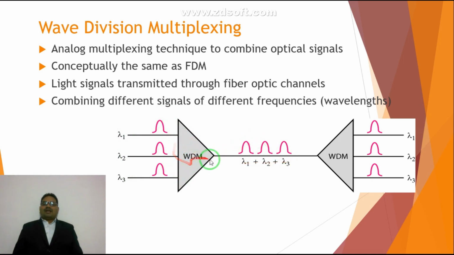Here is your multiplexer and your demultiplexer, that is many-to-1 and 1-to-many operation. The principle is the same: we combine wavelengths 1, 2 and 3 to form a composite signal, that is, combining signals of different frequencies or wavelengths. Lambda is your wavelength. At the demultiplexer side, it splits back into the three original signals, lambda 1, lambda 2 and lambda 3.